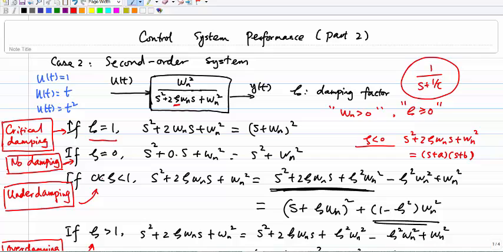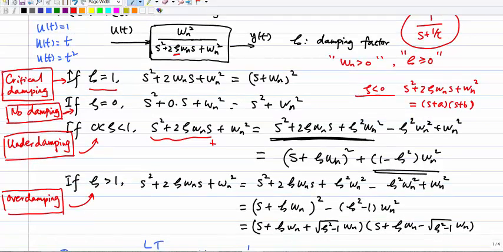If theta is greater than or equal to 0 but less than 1, we add one term to make a square, and of course subtract the same term, so we have this one. If theta is greater than 1, we can do the same way, but it becomes a minus.